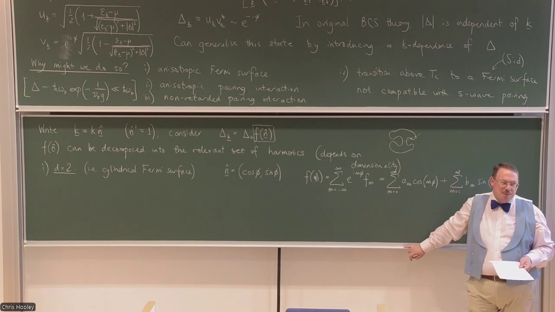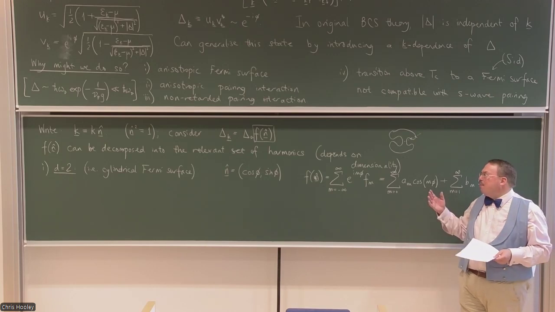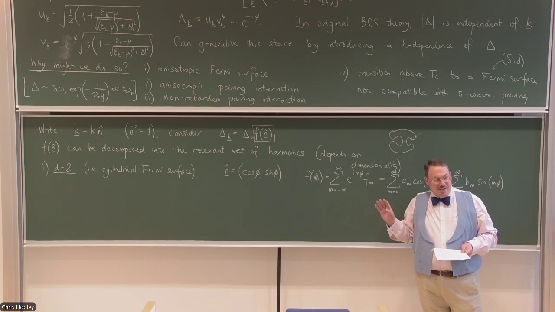So you'll have heard people say that the iron-based superconductors are S plus minus, for example. S plus minus is not going to appear in the classification I'm going to give here. This classification is strictly for a single sheet of a Fermi surface, which is centered at the gamma point. Anything else, you have to rethink. And actually, as we'll discuss, in any real lattice example, this classification is not really right.